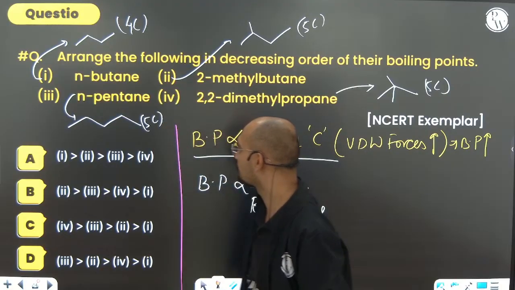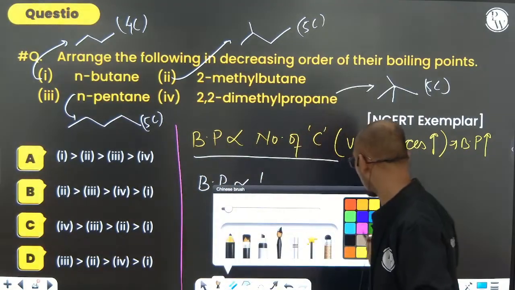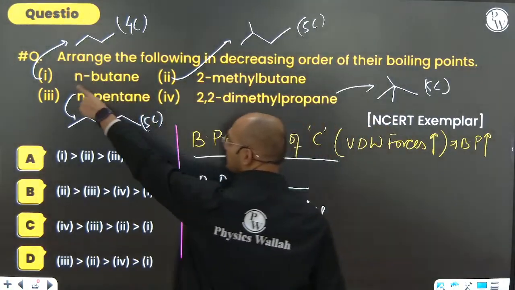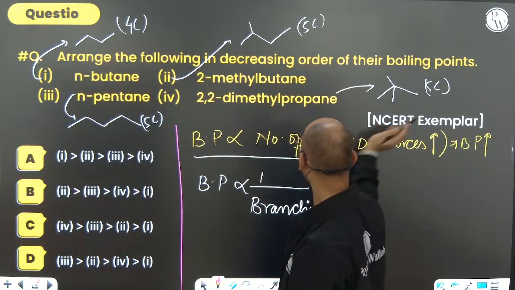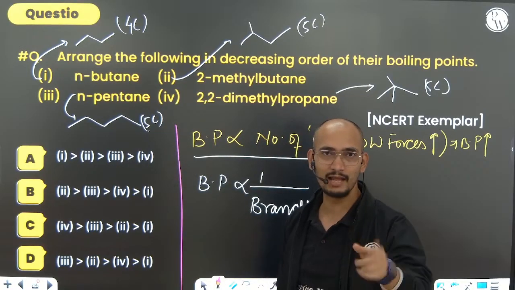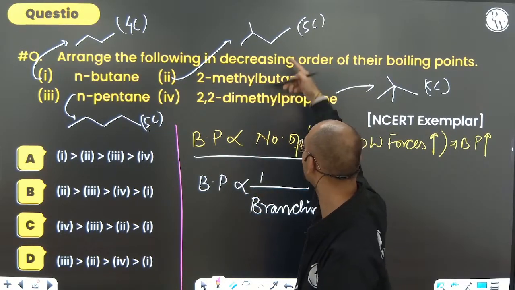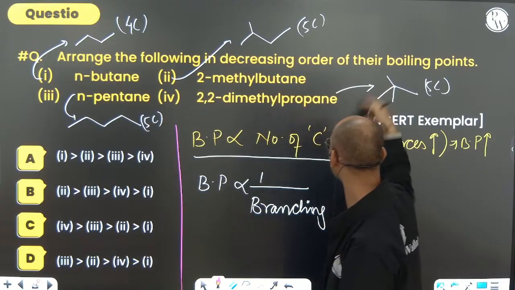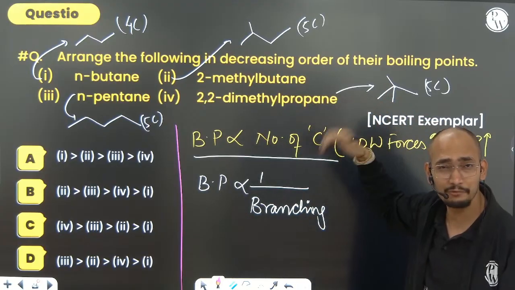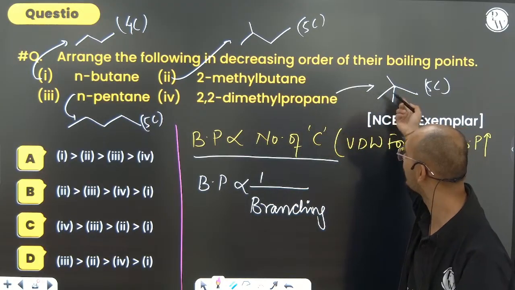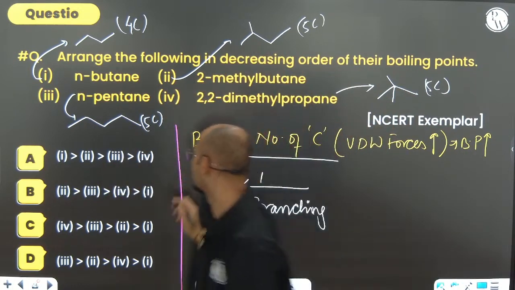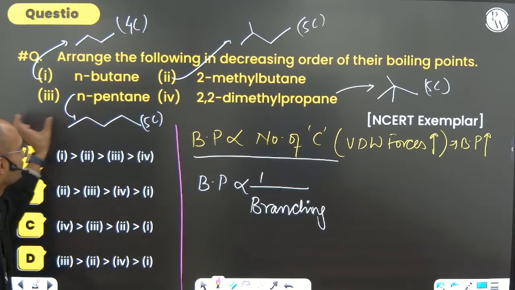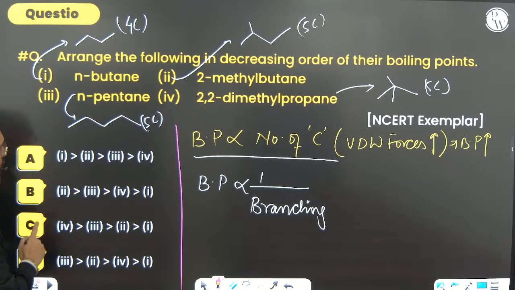Can you see where there is the least? First of all, the least number of carbons is in the first, so this is going to have the least boiling point. Second, because all of the others contain the same number of carbons, you will have to see branching. Where is maximum branching? Can you see here the maximum branching is there? Neopentane. So its boiling point will be minimum, and then what will come? This iso, and then last n. So what we can say? 3 is maximum. 3 is more than 2 is more than 4 is more than 1. 3, 2, 4, 1. Option 1.